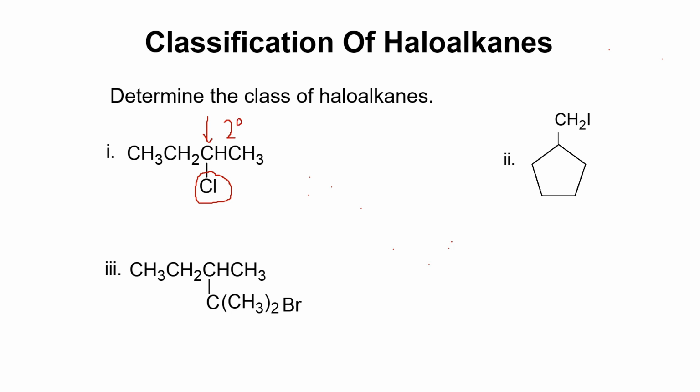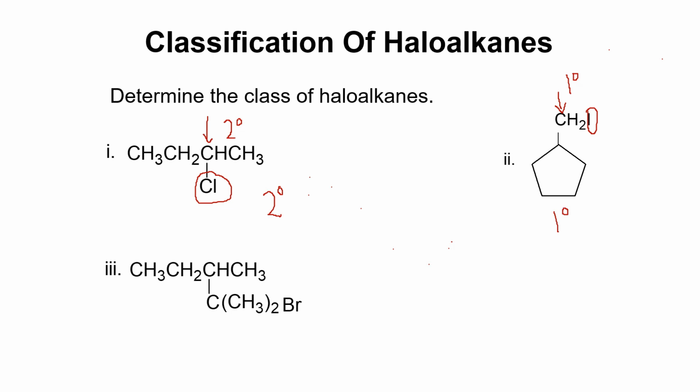Thus, this compound is classified as secondary haloalkane. For the second exercise, let's see the carbon that bears the iodine atom. This carbon has primary class, so this compound can be classified as primary haloalkane.